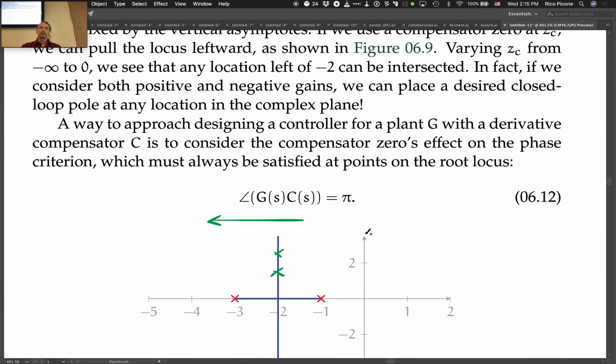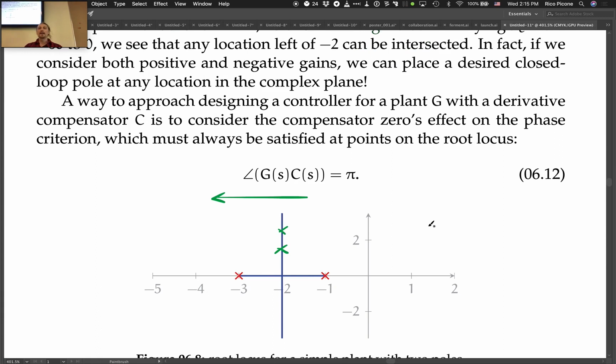A way to approach designing a controller for a plant G with a derivative compensator C is to consider the compensator zero's effect on the phase criterion. Remember, the phase criterion tells us one of the two criteria that we have for when we have locus, right?